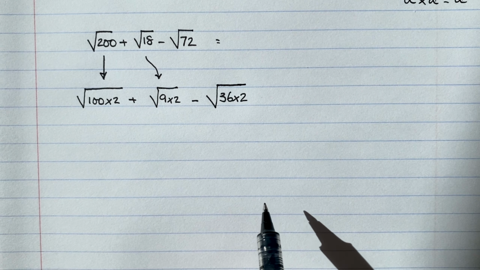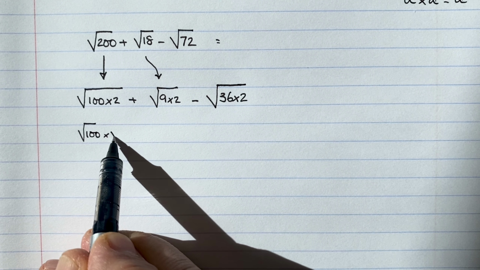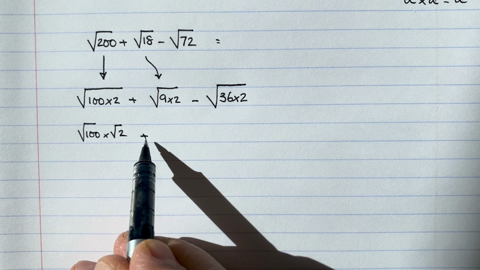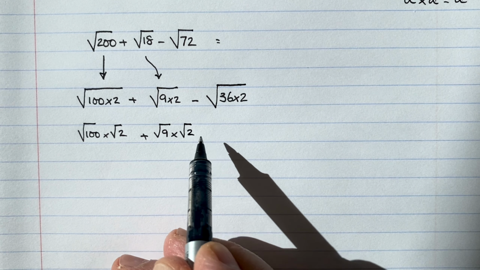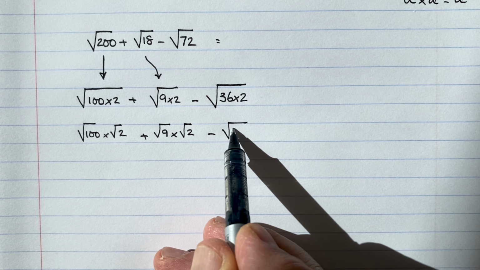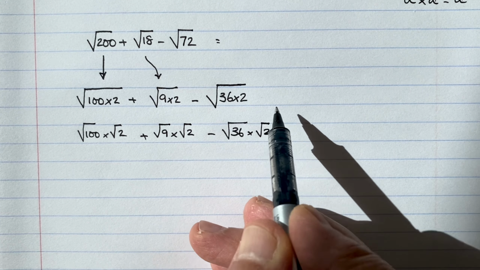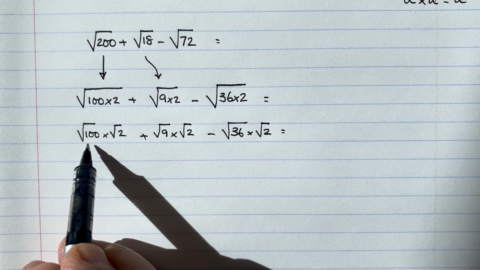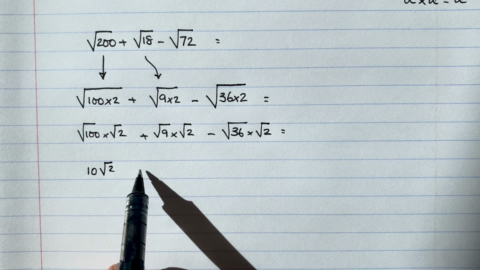Okay, now split them, root 100 times root 2 plus root 9 times root 2 minus root 36 times root 2. Root of 100 is 10. 10 root 2.